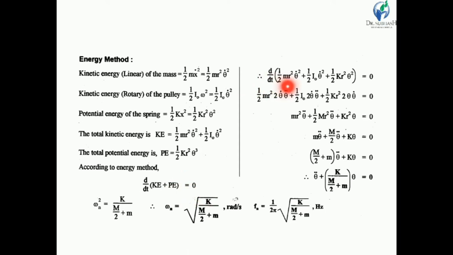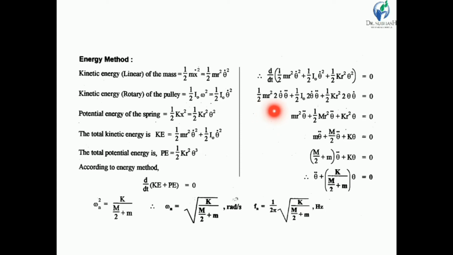So if we put the value of kinetic energy and potential energy, d by dt of (1/2 m r square theta dot square plus 1/2 I O into theta dot square plus 1/2 k r square into theta square) is equal to 0. So if we differentiate this equation, 1/2 is as it is, m r square is also constant, and theta dot square is a variable.